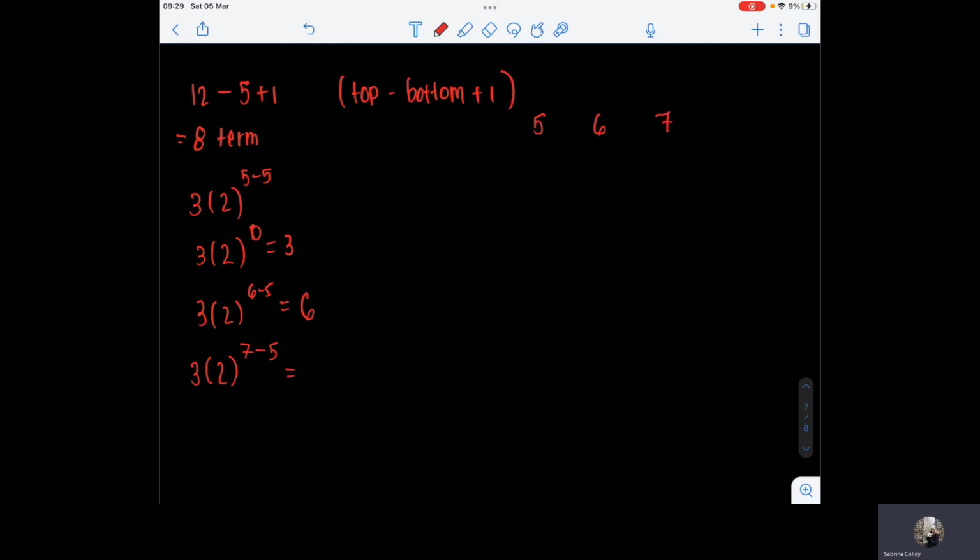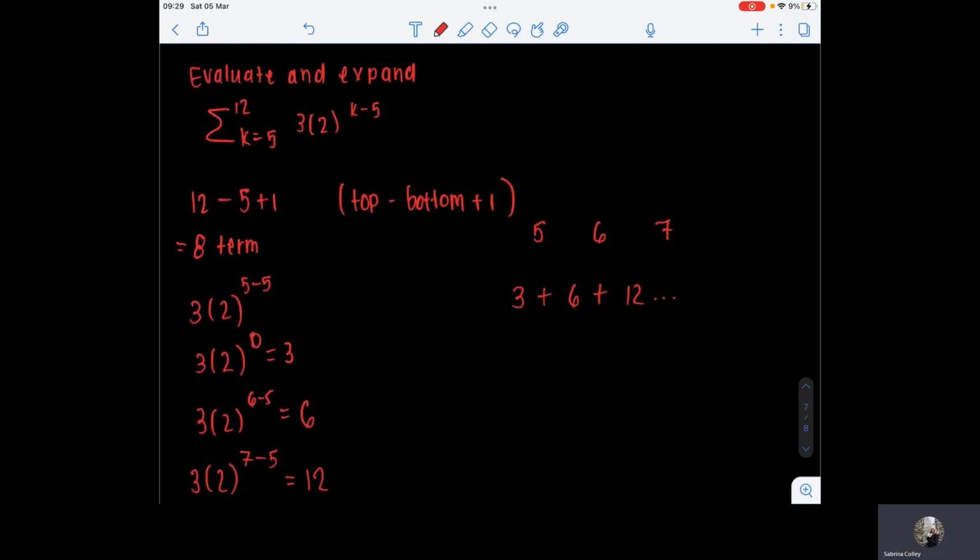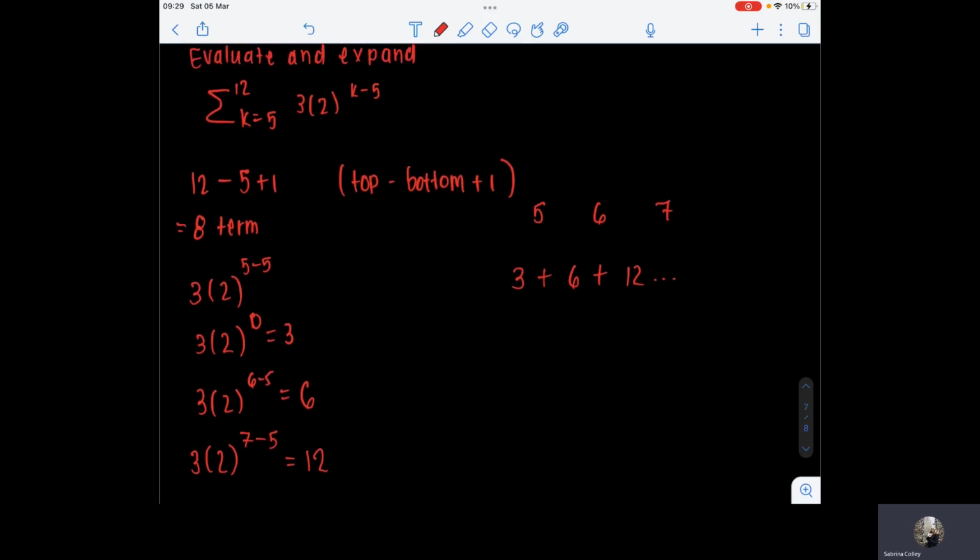So this will be 3 times 4, which will be 12. So my series will be 3 plus 6 plus 12 up until term 12, but we've got 8 terms until then.